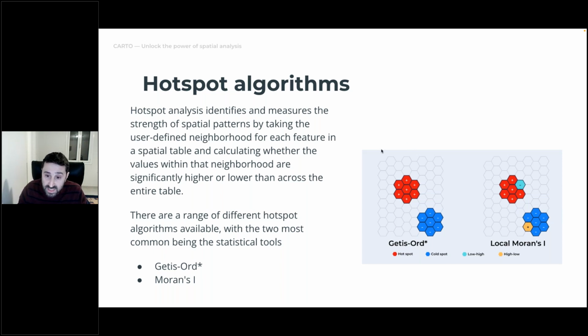As you can see here in the left-hand picture, this detects the hotspot neighborhoods and the cold spot neighborhoods across the whole area of interest that we're examining. Now, in Getis-Ord, one location during the calculation is being taken into account. The other one, Moran's I, basically takes itself out.